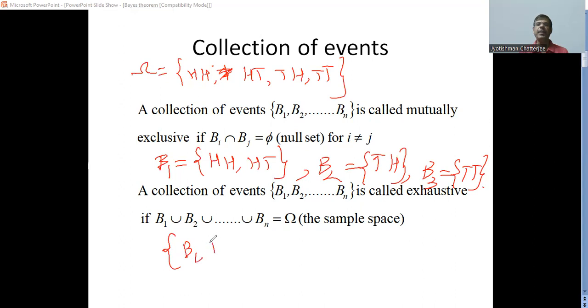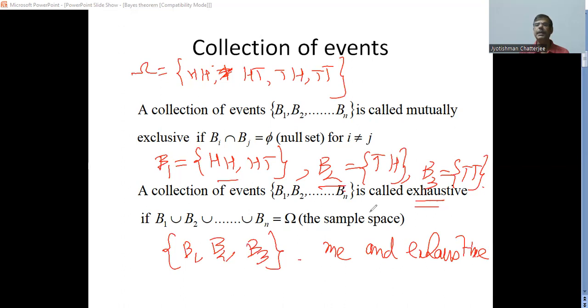If you take B1, B2, B3 together, then they are mutually exclusive because none of the three sets intersect with each other, and also exhaustive because the union of B1, B2, and B3 gives you the whole sample space, namely this one.